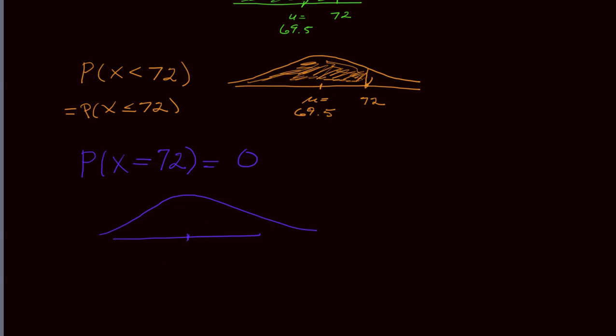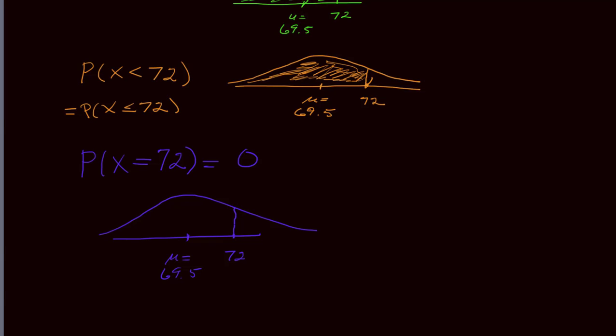So we've got the PDF curve, and in the middle of it is mu equals 69.5, and off a bit to the right is 72. The probability that x is equal to 72 would be the area beginning at 72 and ending at 72. It would be the area under the curve between 72 and 72. Well, that's a width of 0. So it really doesn't matter what the height is there.